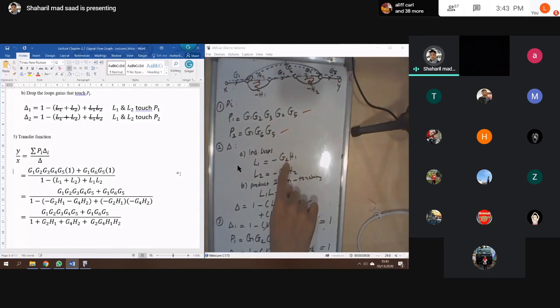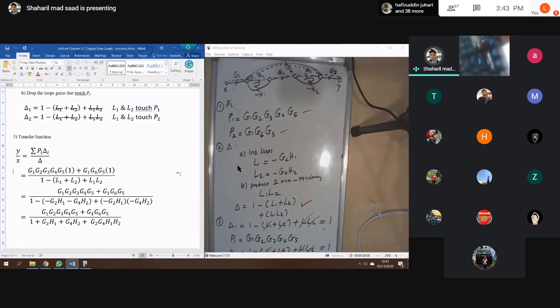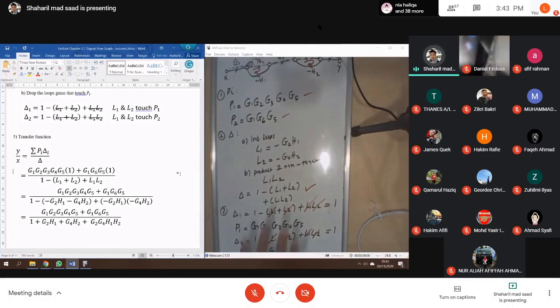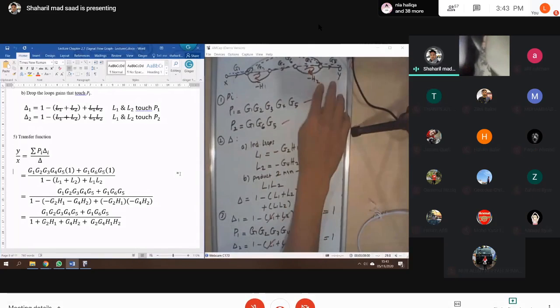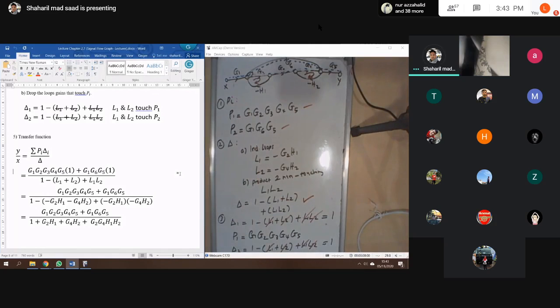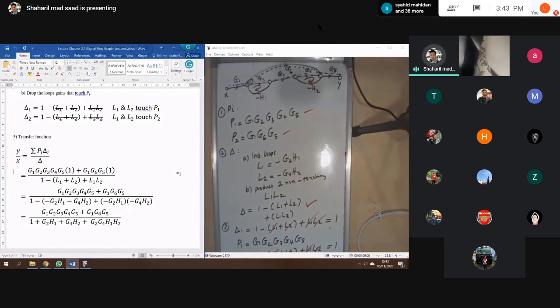Yep, you cannot look at that one. Because if you look at this one and then compare with G1, G1 compared with path 2 doesn't have G2, and then you don't cancel it. No, right? So for me, you just draw this one, and then you look at whether this loop touches this, this loop touches this. Okay. Alright. Any question?